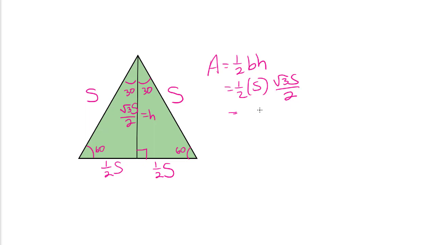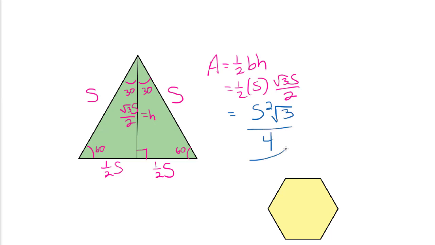Let's multiply that out. I get √3s squared over 4. If I multiply that out, 1/2 s times √3s over 2, I will get s squared √3 divided by 4. The area of an equilateral triangle of side S is √3 over 4 times s squared.